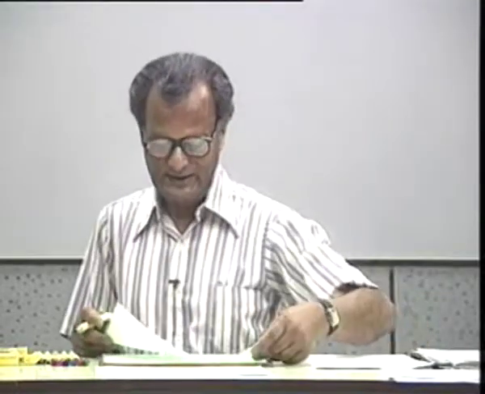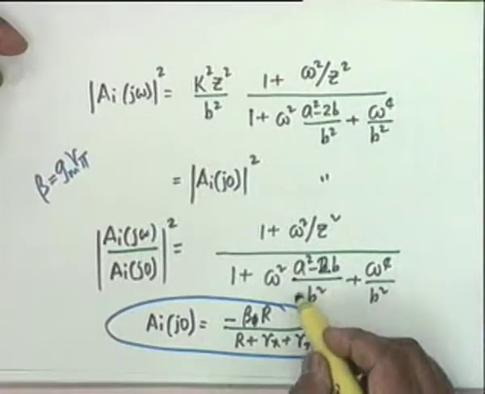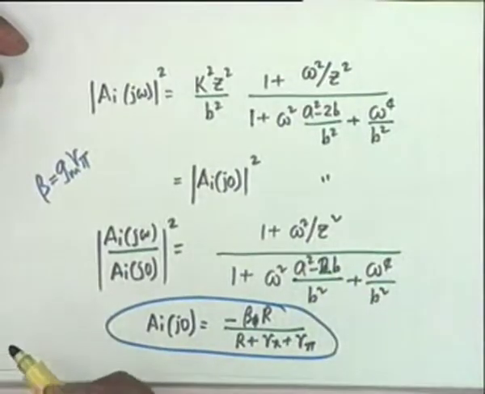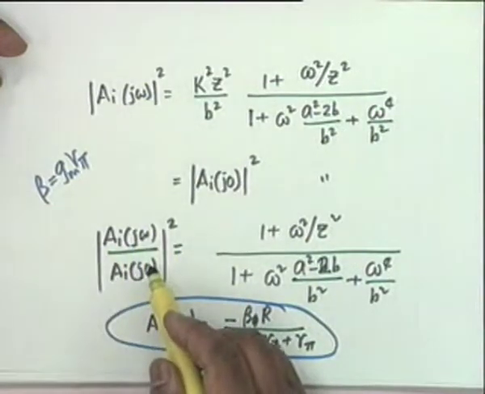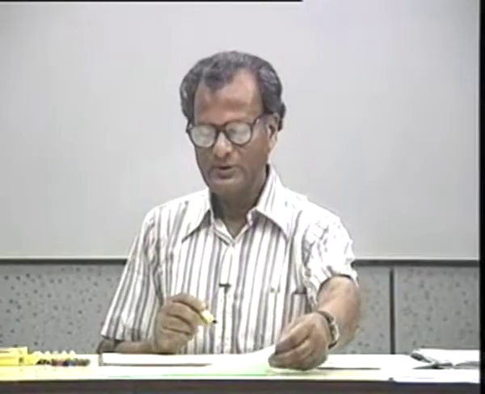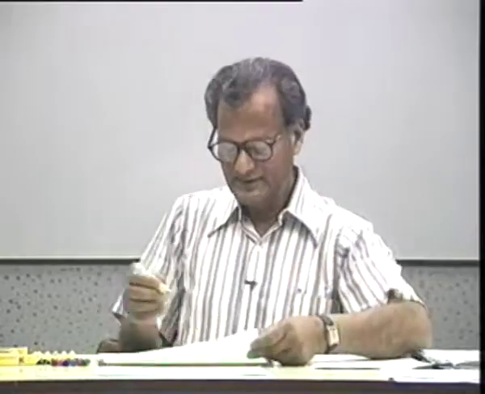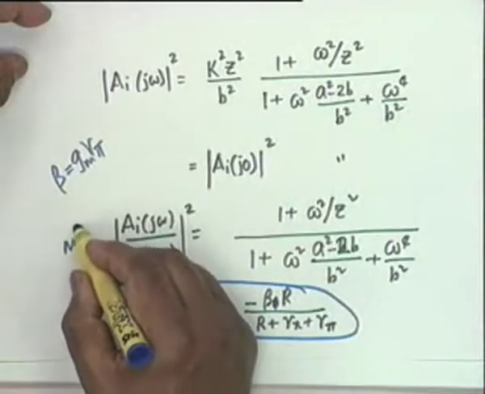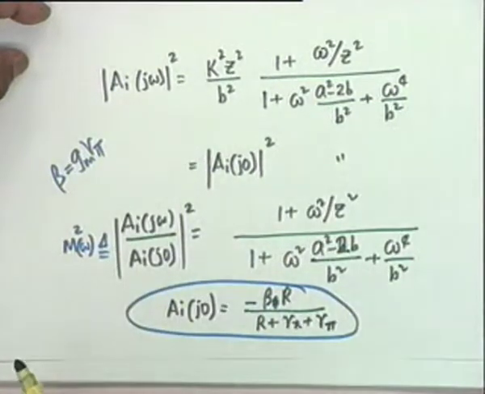Now, the question that we had left unanswered is, what should be the relative values of A and B? What should be this coefficient in order that this magnitude squared function is maximally flat at omega equal to 0? So let's call this M squared of omega, the normalized magnitude squared.